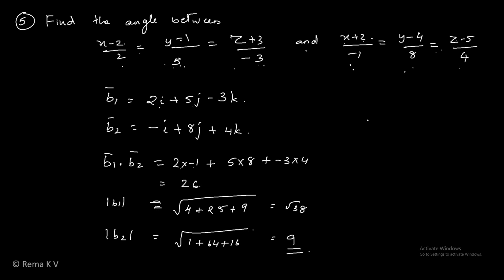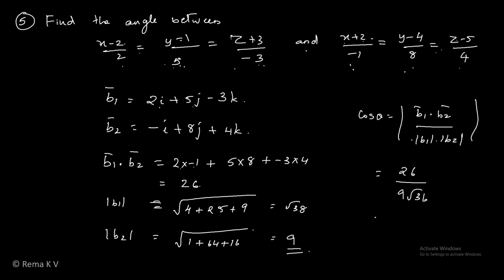Now cos theta is equal to b1 dot b2 by modulus of b1 into modulus of b2. So this is equal to 26 by 9 root 38, or theta equals cos inverse of 26 by 9 root 38.